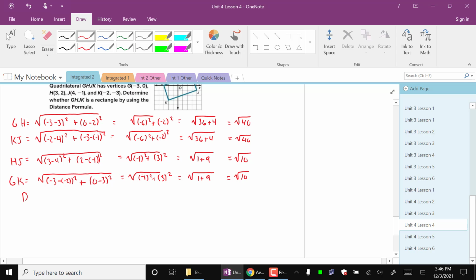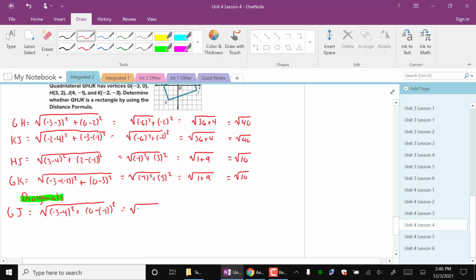So diagonals. Let's start off with our first diagonal, GJ. This is going to be the square root of -3 minus 4 squared plus 0 minus -1 squared.